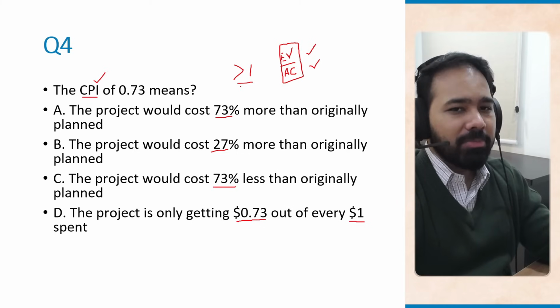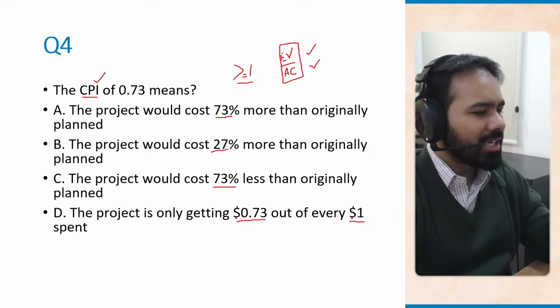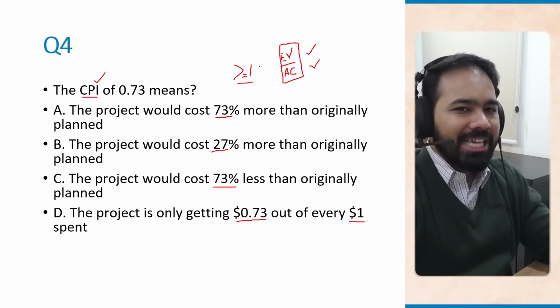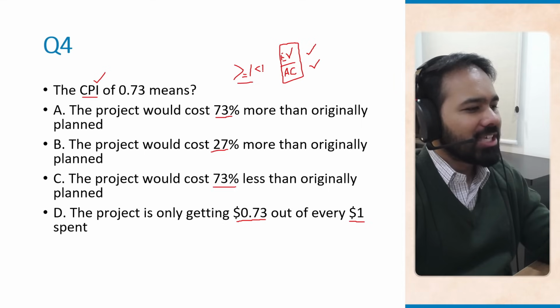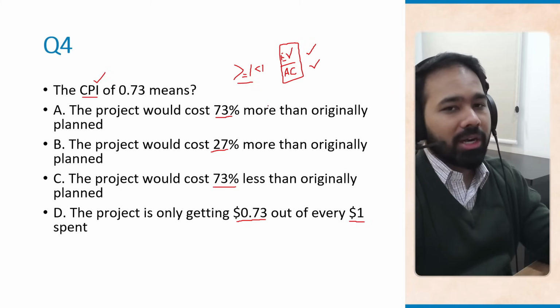Now, wherever CPI is equal to 1, that means you're on target, right? You're getting whatever value as compared to whatever that you're spending, right? So you're getting equal value to what you're spending. When CPI is less than 1, what that means is your cost efficiency is poor, which means you are getting less value than what you are spending.